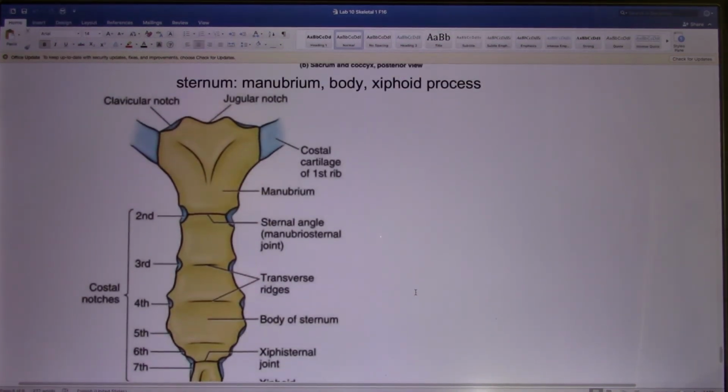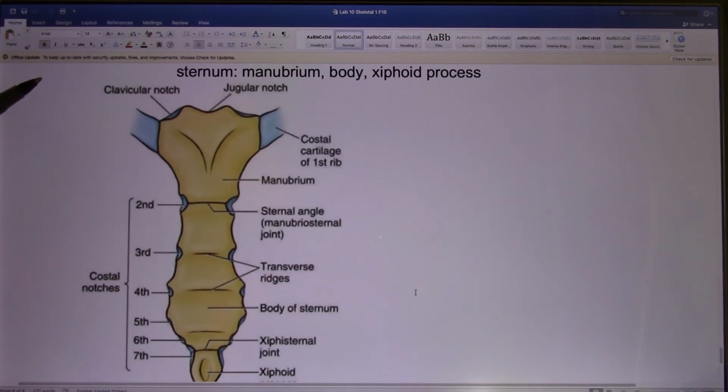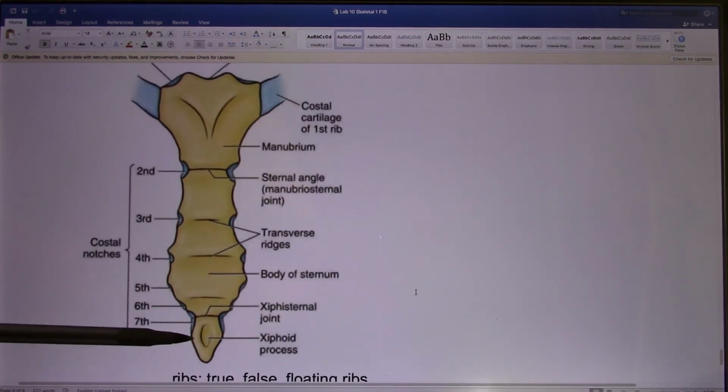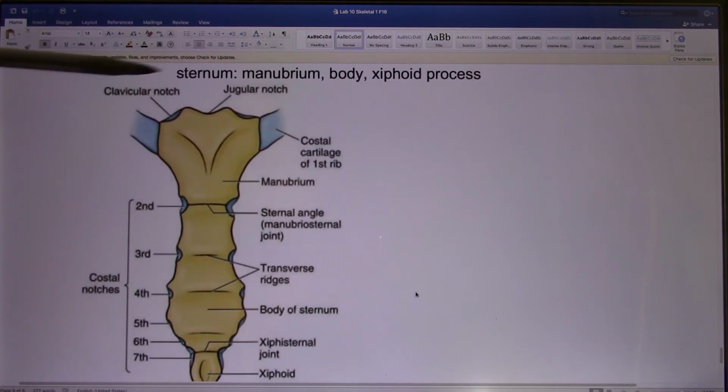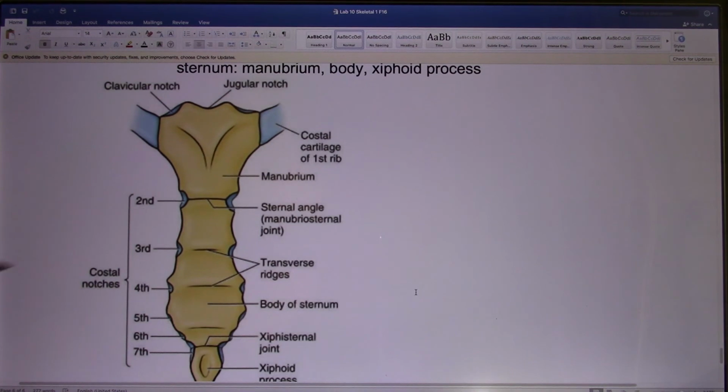The last one is the sternum. The sternum used to be counted as 3 bones, so old textbooks called them 3 bones: the manubrium, the body, and the xiphoid process. But the new textbook calls it 1 bone, with 3 different parts. That's where the true ribs connect with the sternum.